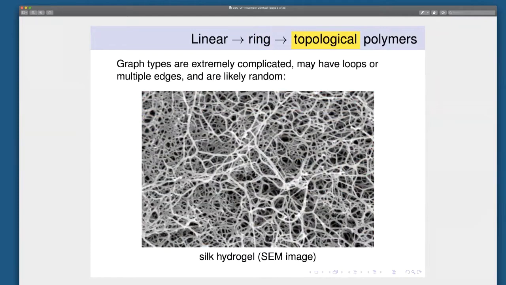And you see here that it's a large, complicated graph. The degree of each vertex is controlled. Here it's mostly degree 3. And they're probably random graphs, maybe with loops or multiple edges.